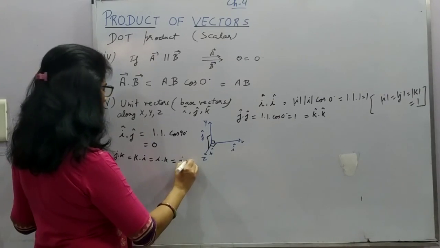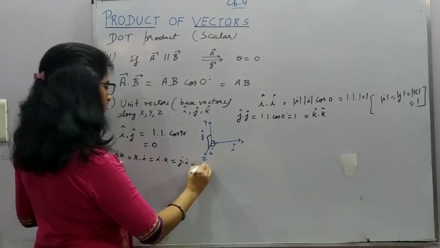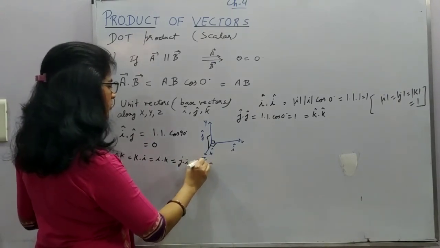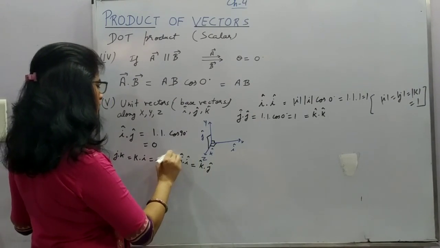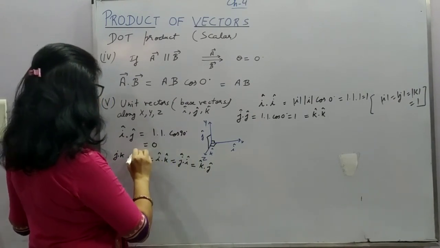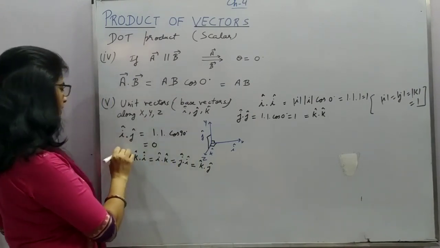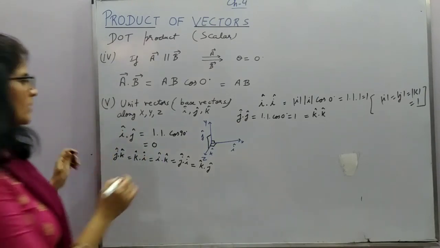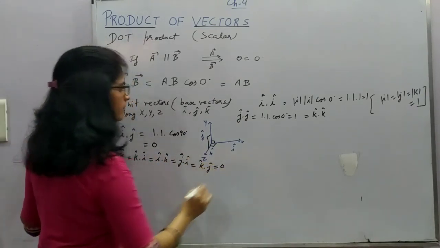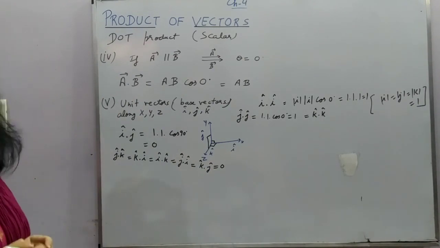So j dot i and k dot j. Commutative, so i dot j or j dot i. These will be same. If this one is 0, so the reverse will also be 0. Right? So this is another property.